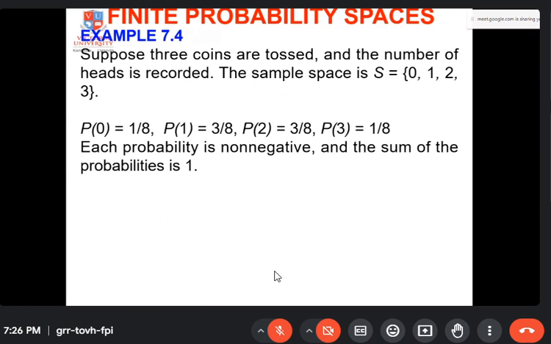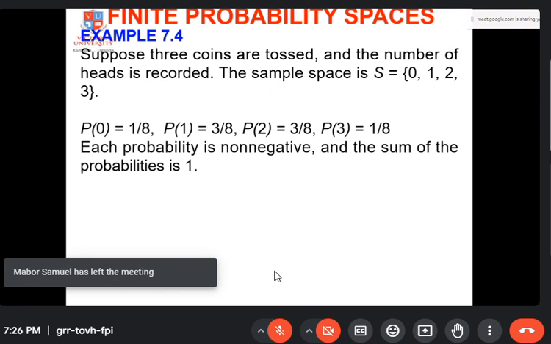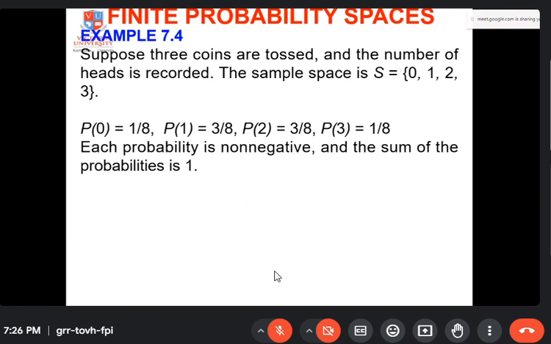Okay. Let us read the example again. We are tossing 3 coins. And I hope you remember the sample space for the 3 coins. Remember, it had 8 points. We listed them: head, head, head; head, head, tail; head, tail, head; head, tail, tail; then tail, head, and so on.